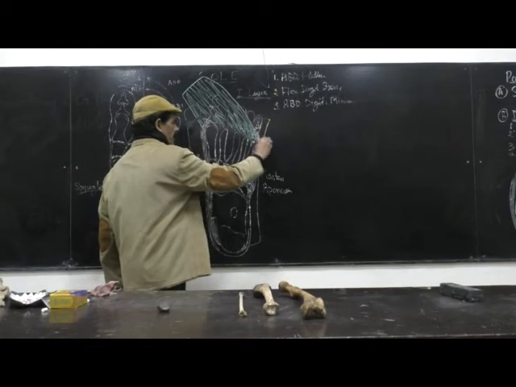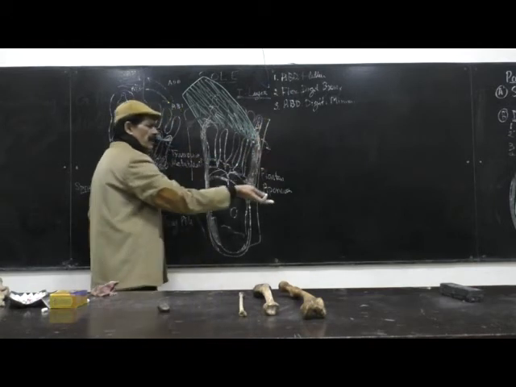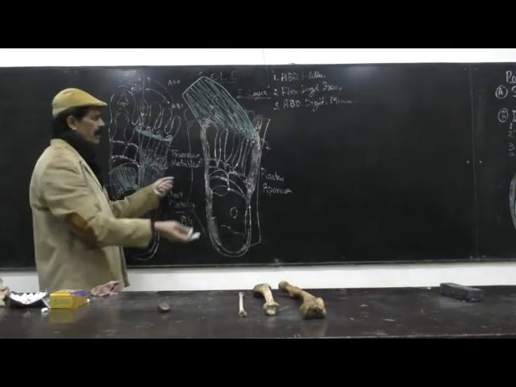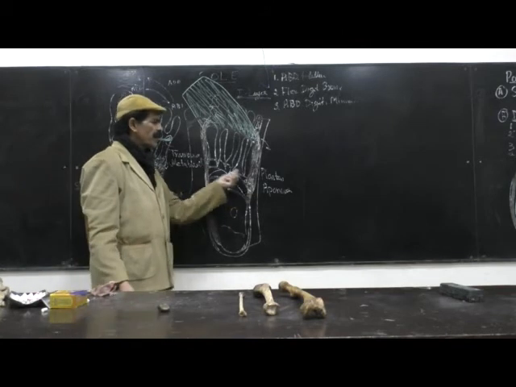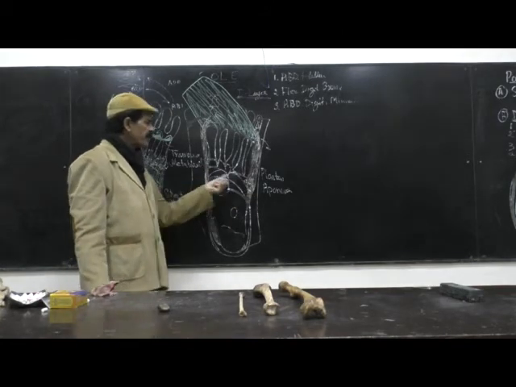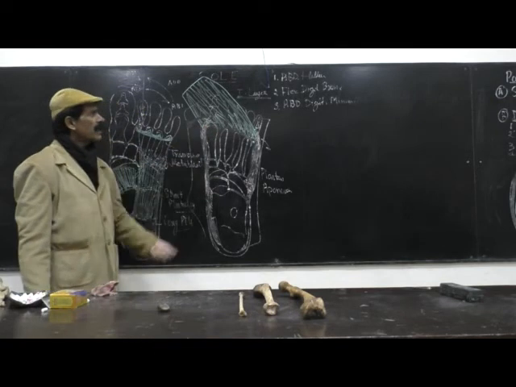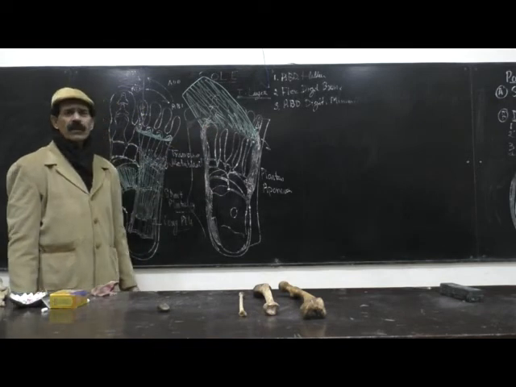So it also brings the abduction movement of the little finger. In between the abductor digiti minimi and abductor hallucis, there is a third muscle that is called the flexor digitorum brevis.